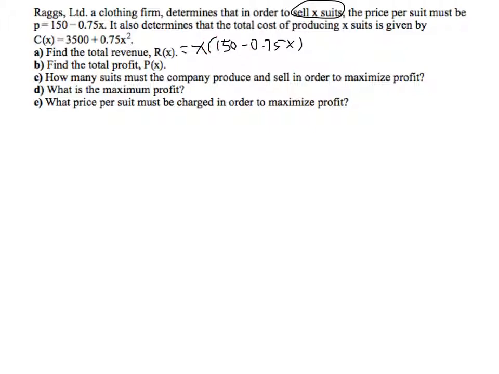I might as well multiply that out because I'm going to have to do some calculus at some point. So that's 150x minus 0.75x squared. That's our answer to part A.